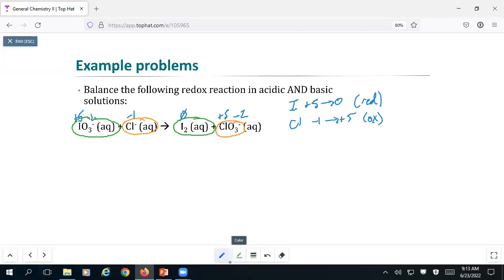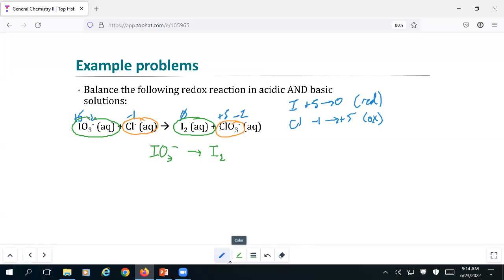So one half reaction is going to look like this: iodate ion turning into iodine. Now, if we follow the process, we need to go through a series of steps, 4 of them in particular.